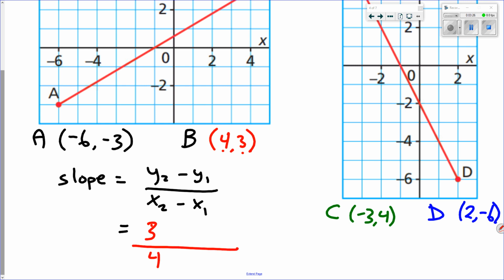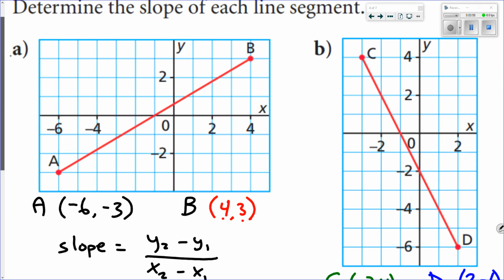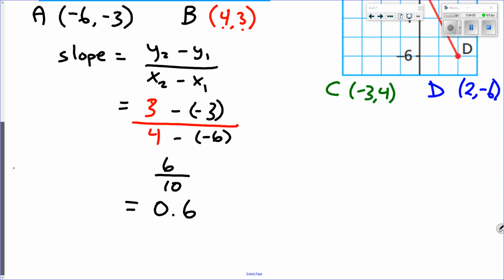Fill those in right away. y1 is negative 3, and x1 is negative 6. So we have 3 minus negative 3, so that's 6. 4 minus negative 6 is 10. So the slope of line AB is 0.6.